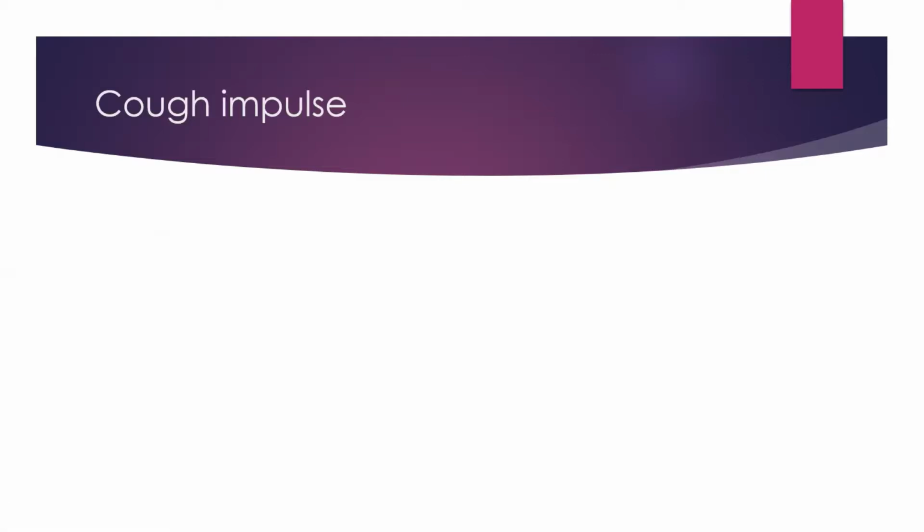And next is cough impulse. You all know that in case of hernia, we have to look for the cough impulse. We have to ask the patient to give a cough, and on coughing, if an impulse is seen, that is called visible impulse on coughing. So on inspection, that finding is known as visible impulse on coughing.